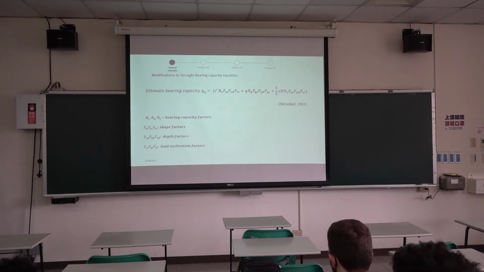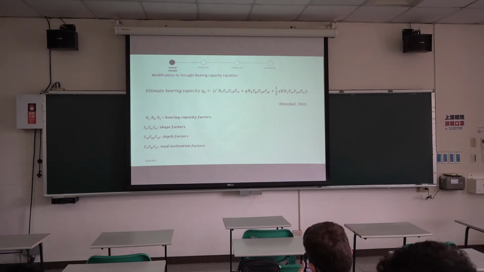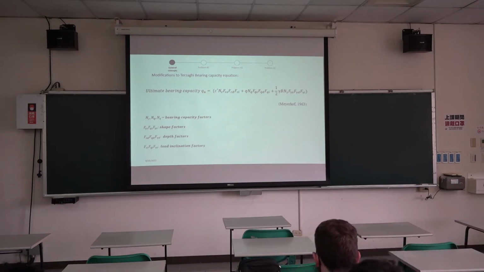And this is how the equation looks. So they added shape factor, depth factor, and load inclination factors, right? And also the bearing capacity factors that we used last time will now be different for this case because of the difference in the angle, okay?